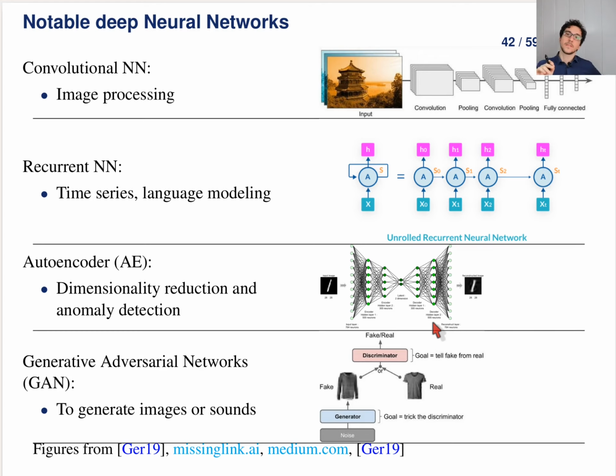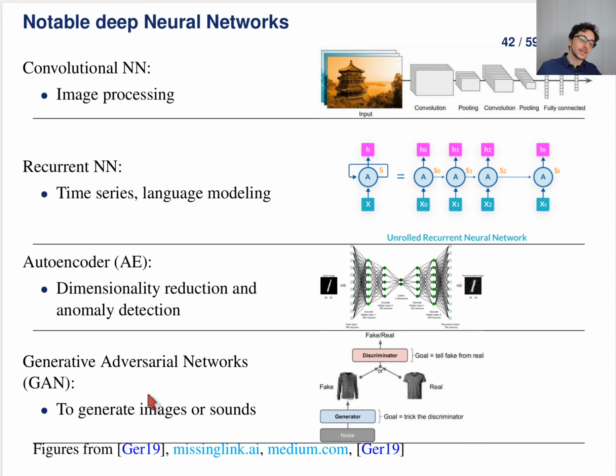Then you have specific architectures of neural networks or deep neural networks for different tasks. For instance, convolutional neural networks are used for image processing, or recurrent neural networks for time series analysis. We will see in this course autoencoders that are useful for anomaly detection.